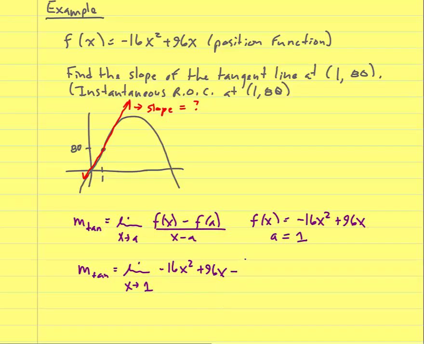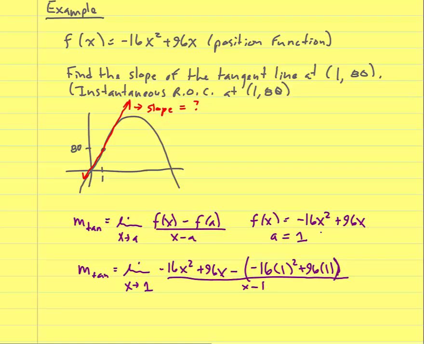Now we have to put parentheses here. This is probably the most common point to make a mistake, forgetting that you have to subtract the entire function evaluated at a. So this would be negative 16 times 1 squared plus 96 times 1, all over x minus 1. Remember, it was x minus a and a is 1.